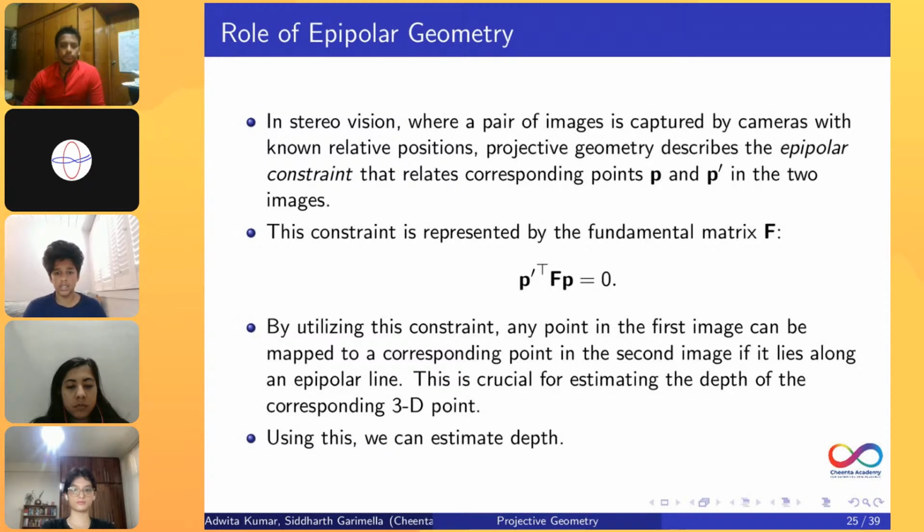By utilizing this constraint, any point in the first image can be mapped to a corresponding point in the second image if it lies along the epipolar line. This is crucial for estimating the depth of the corresponding 3D point. Using this, we can estimate depth in the 3D model. Next slide, please.